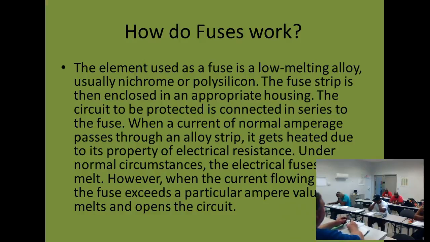Now your ohmmeter, is it set on ohms? What does it read? Yours says OL? Yours says 1.6? We're probably in trouble. Are your leads touching each other? It's over here now. Oh, well, now, okay.